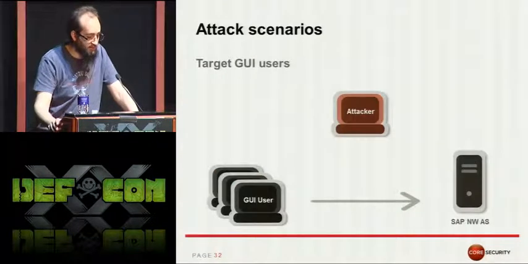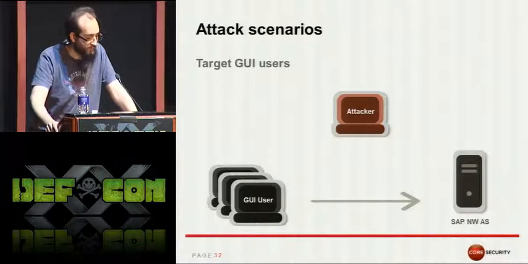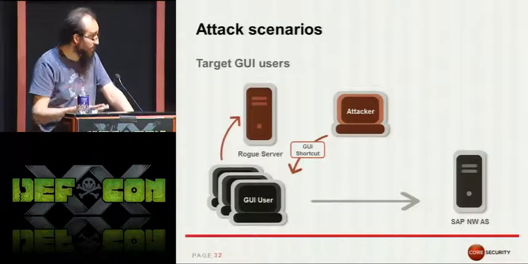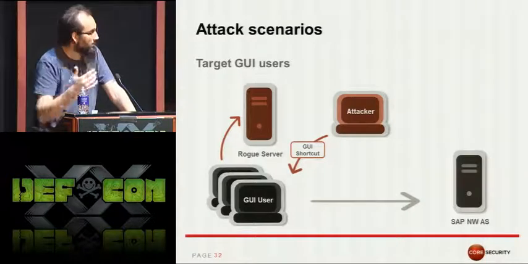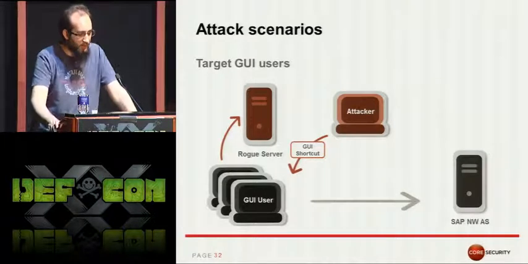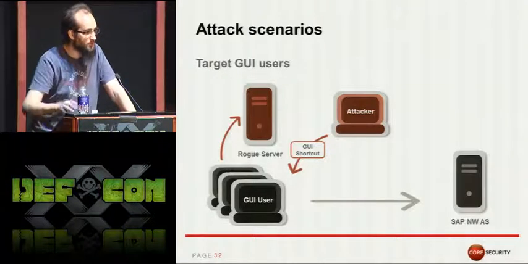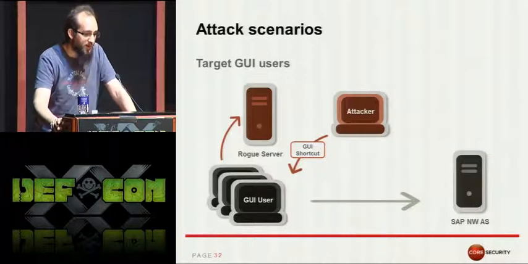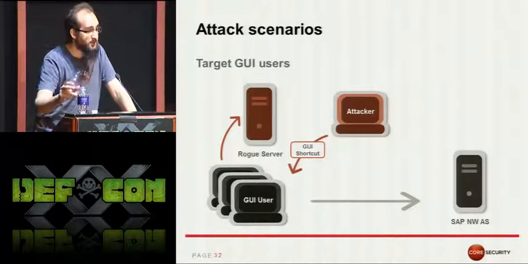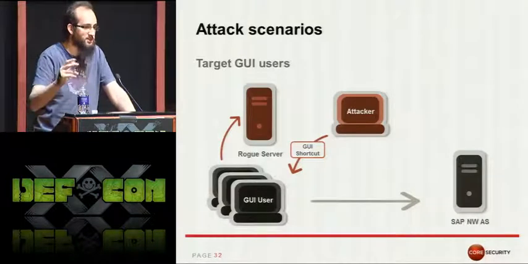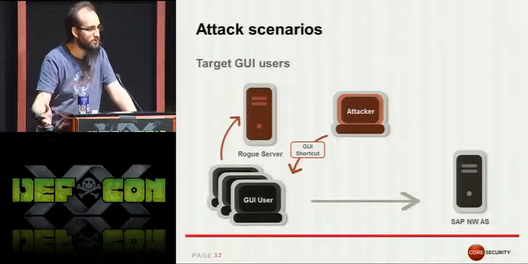Another attack scenario that I think is interesting is to target the GUI users. So, for example, you can use all this knowledge and all these tools to perform a kind of client-side attack. There's a feature in the GUI application called GUI shortcuts, which are special .sap files that, when you open them with the GUI application, the GUI starts a business transaction or a program in the application server.